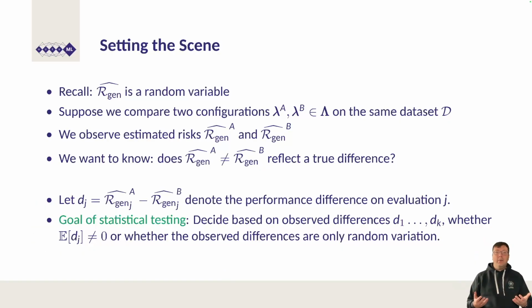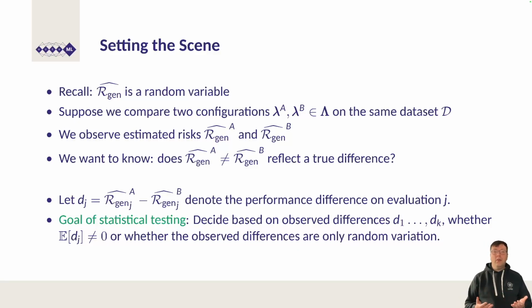Let us first establish precisely what we are testing. Recall from the previous section that the estimated generalization risk is a random variable. It depends on the random draw of the data split and, if the inducer is stochastic, on the random seed of the training.